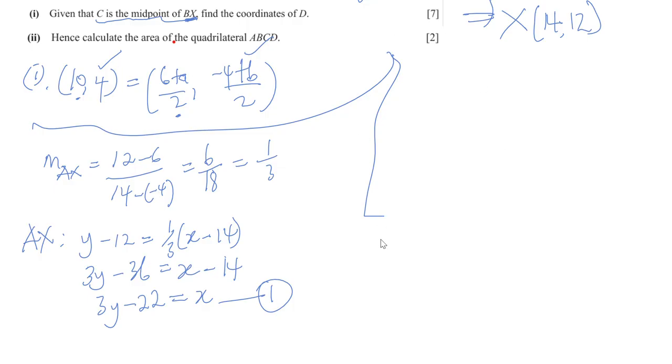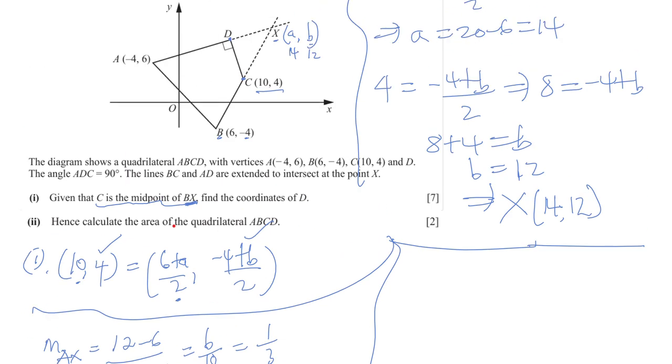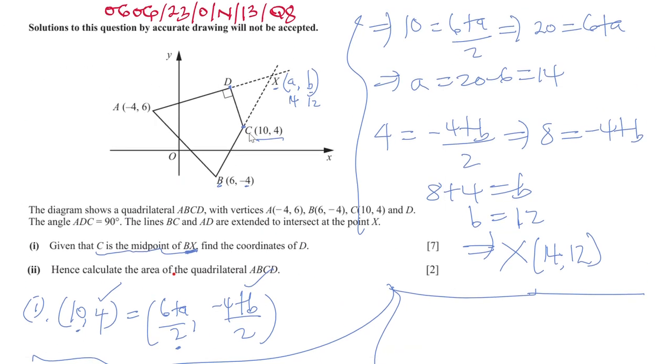Next, we want to find the equation of the other line, CD. Line AS and line CD intersect at D. So we solve these two lines simultaneously to find D. How do we find the gradient of line CD?